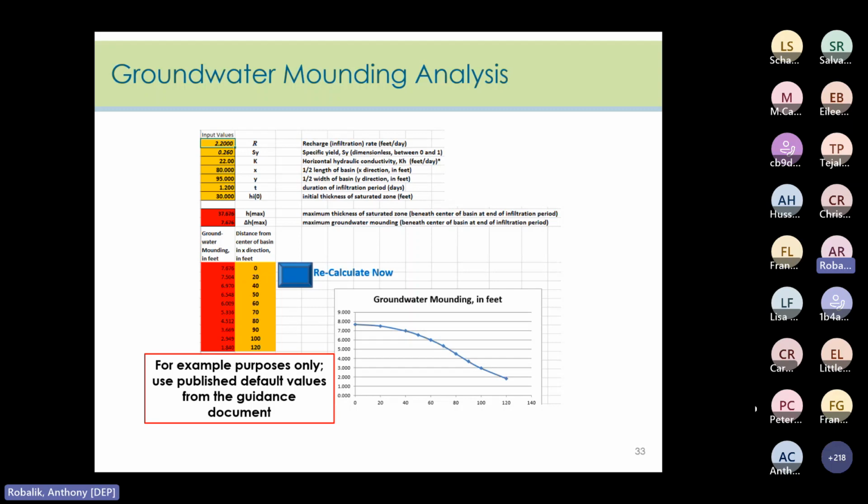So the initial thickness of the saturated zone is one of the most difficult parameters to figure out here. Currently, we allow 10 feet for the saturated zone thickness. This value really should represent the depth from the seasonal high water table down to the first restrictive layer below that.